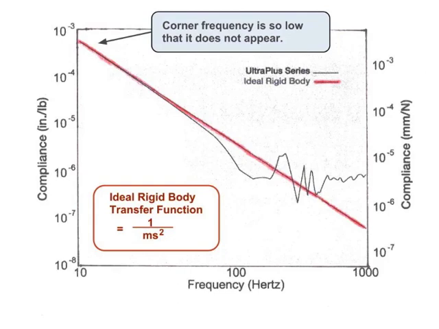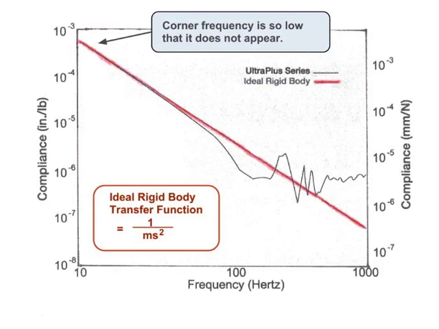Now, the ideal rigid body's transfer function is 1 over ms squared, and this transfer function has a slope of minus 2. So the makers of this table are showing that their table acts like an ideal rigid body up to a frequency of a little over 100 Hertz. They're showing you that it achieves a minus 2 slope over this region of frequency.